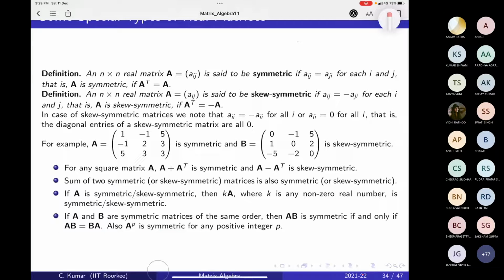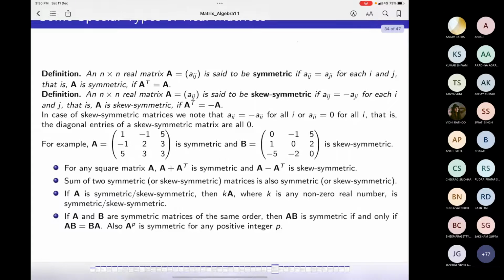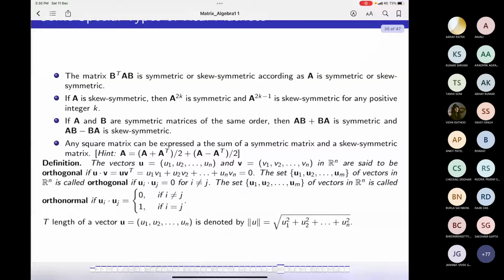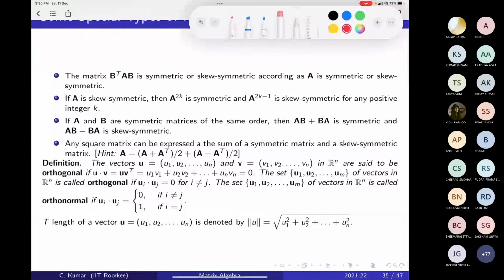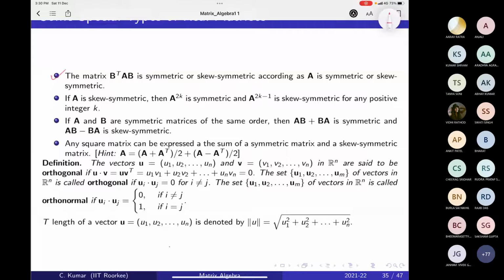Any more questions? No more questions, then we can go to the next property. It says that B transpose AB is symmetric or skew symmetric if A is symmetric or skew symmetric.